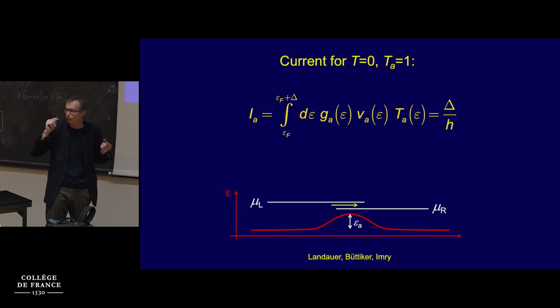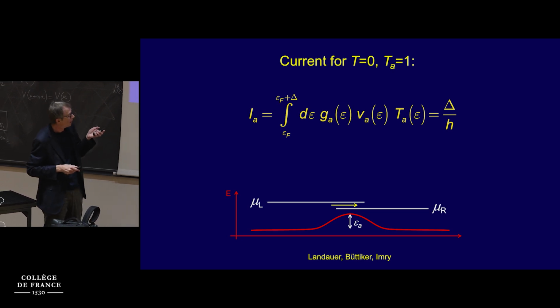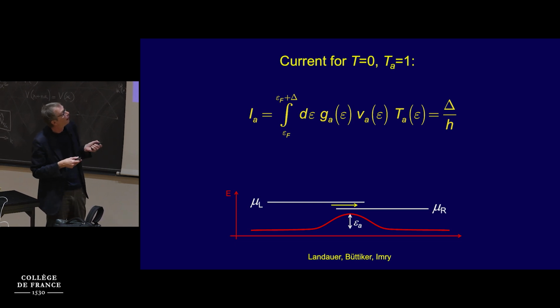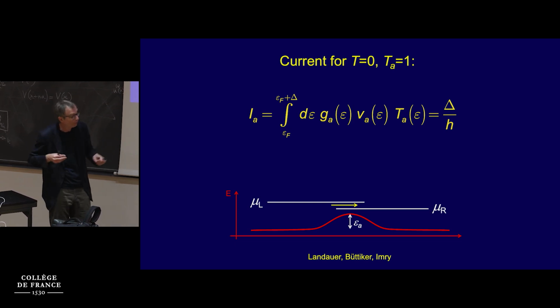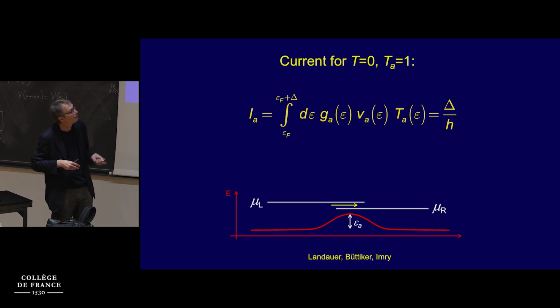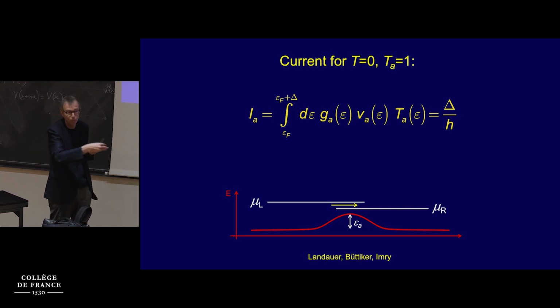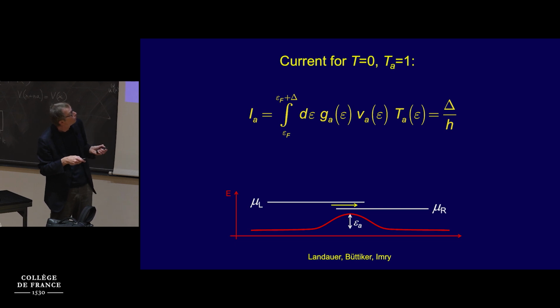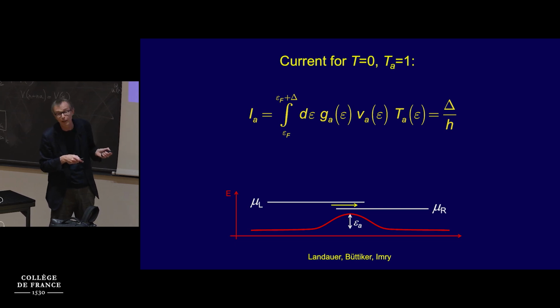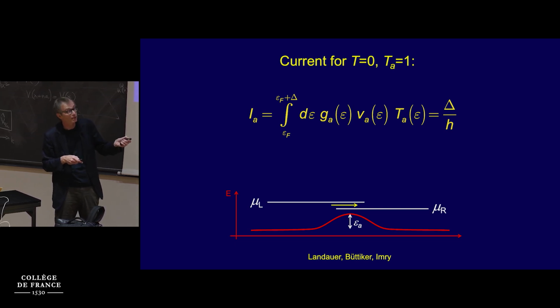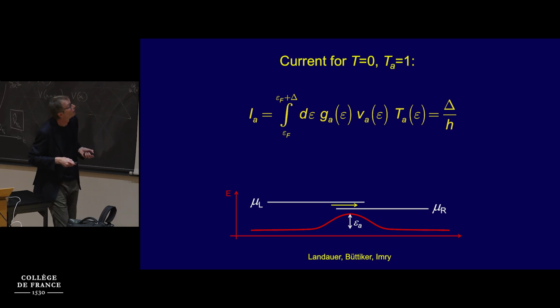Optics people would say mode. And you can calculate that taking the density of states of the right-moving particles, the velocity at the center, and the transmission, which is almost 100% in our case. And then you see that your current is proportional to the difference in chemical potential divided by h, where h is not just some number, it's the Planck constant.